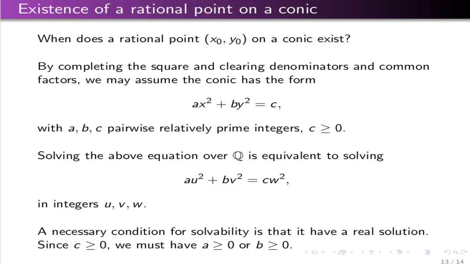Now, as to the existence of this first rational point, this is a much more difficult question. So what we do is we first simplify the conic. You complete the square, clear denominators if necessary, remove any common factors, and you put it into a very simple form like this: ax squared plus by squared equals c, where a, b, and c are pairwise relatively prime integers and c is positive.